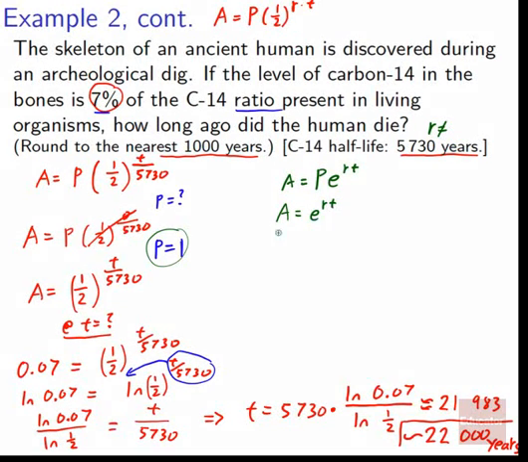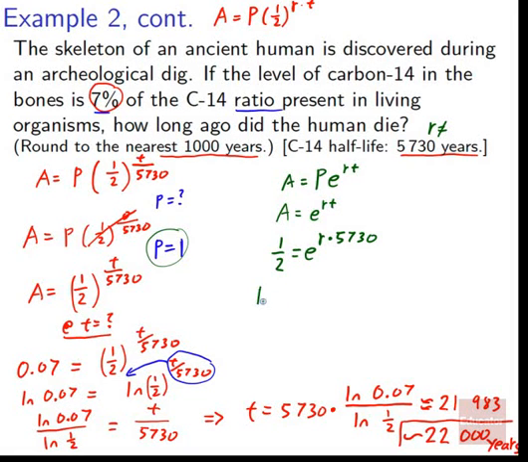Instead, what we know is that originally, at time equals 0, we have 1 as the ratio. So at time equals 5730, we're going to have 1/2 as the ratio. And that's our trick here. 1/2 equals e to the r times 5730.